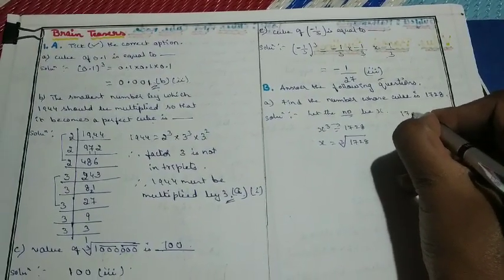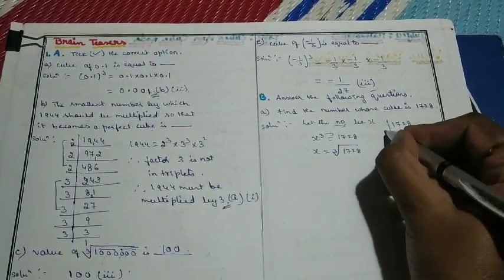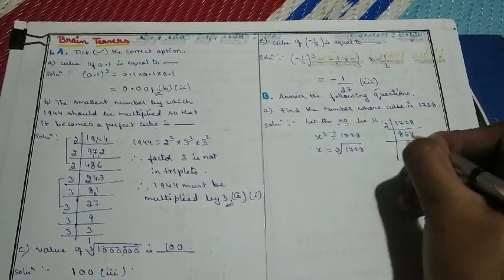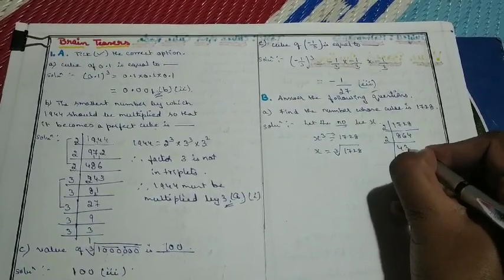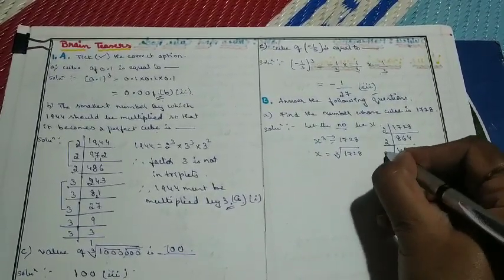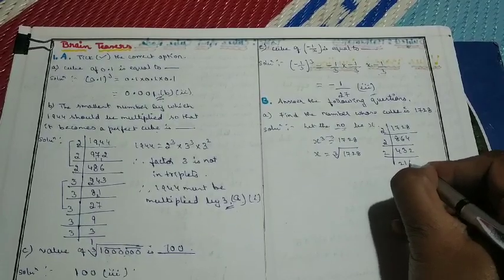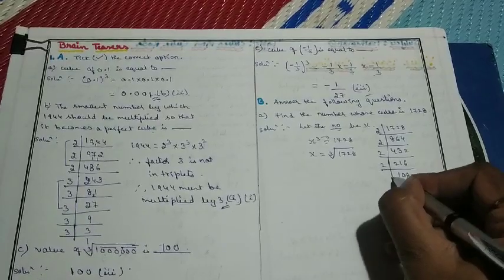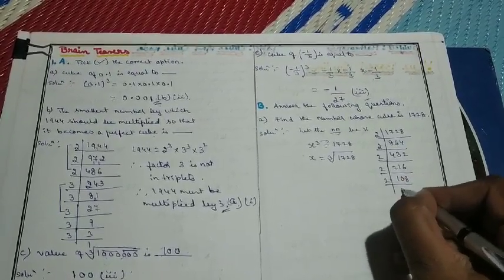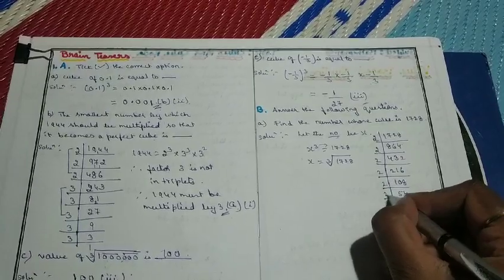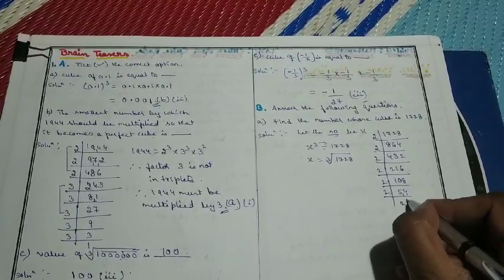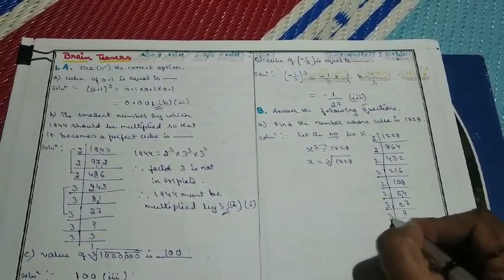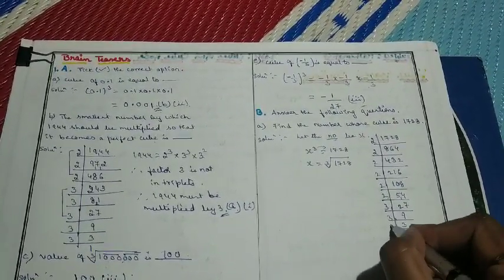So by doing prime factorization: 2 8s are 16, 2 6s are 12, 2 4s are 8, then 2 4s, 2 3s, 2 2s, 2 1s, and so on, then 2 5s, 2 4s, 2 2s, 2 7s, then 3 9s, 3 3s, and 3 1s.